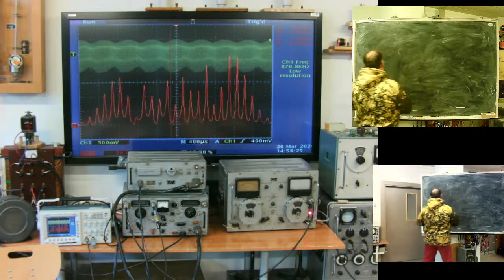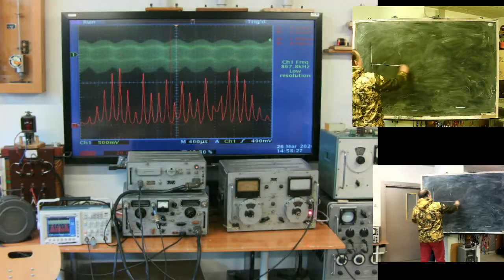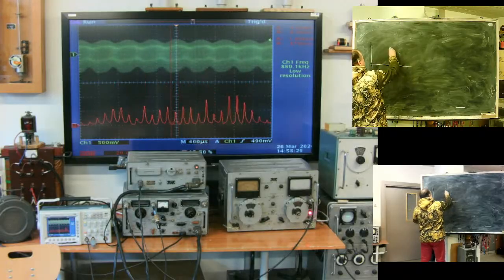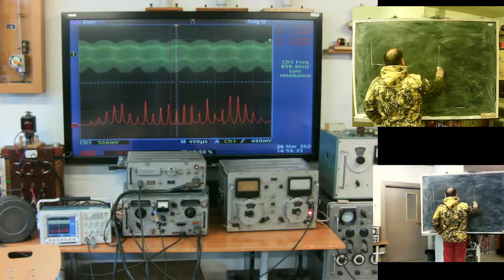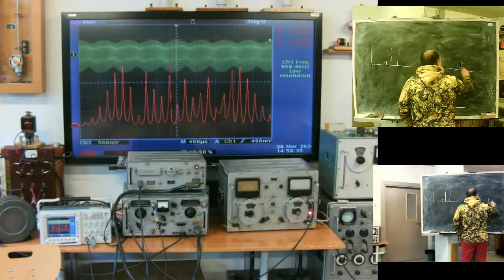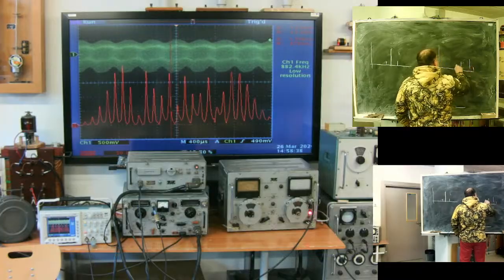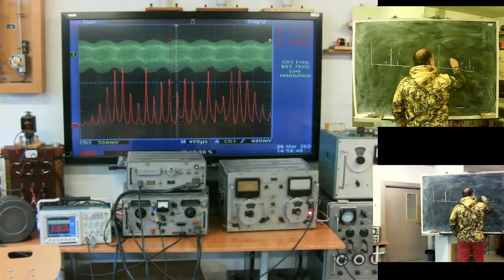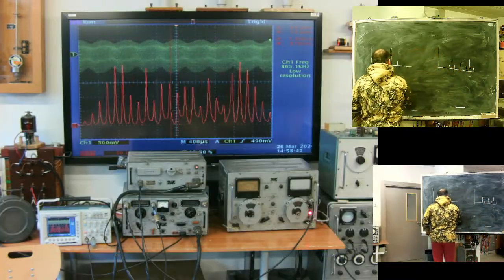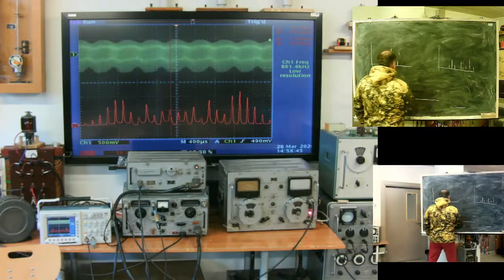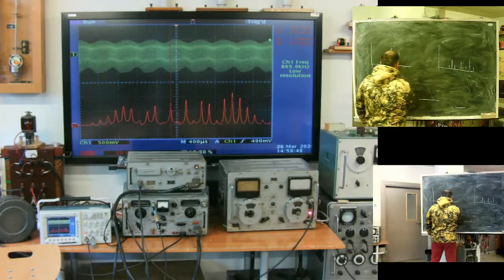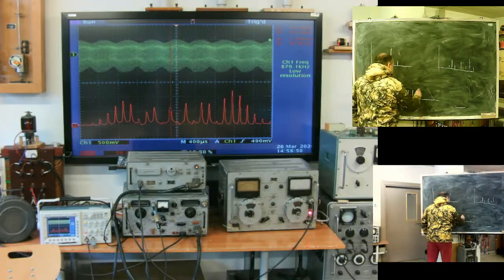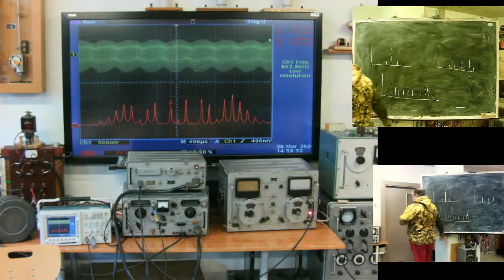Spectrum: very small deviation, 1, 2. Higher deviation, this one lesser, 1, 2, 3. At too high deviation, I will see something like London Bridge.